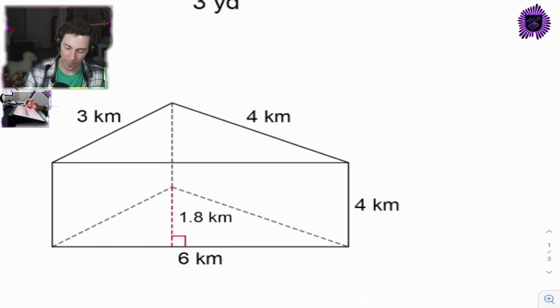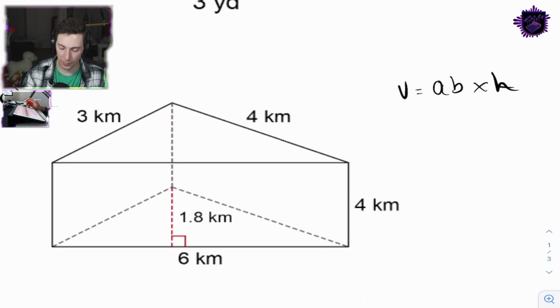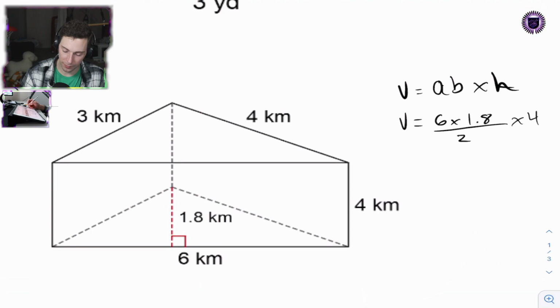Okay. Our volume of this triangular prism will be equal to the area of the base times the height, or the length of the prism, depending on how you want to look at it. So our volume is going to be equal to 6 times 1.8 divided by 2 times 4.